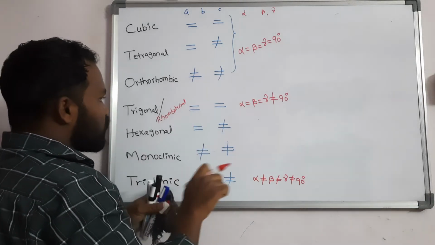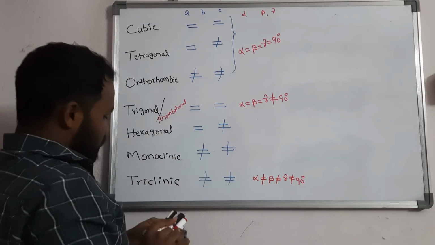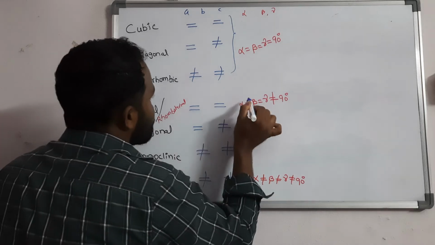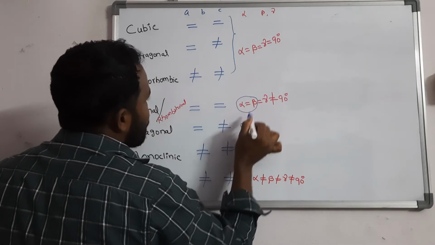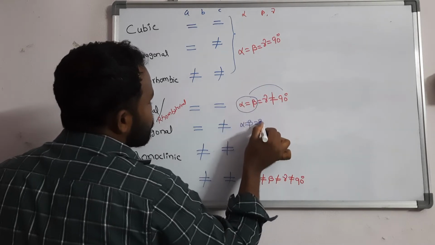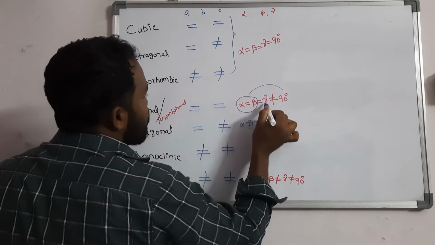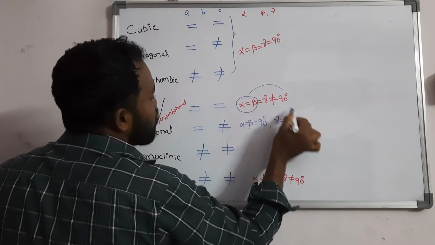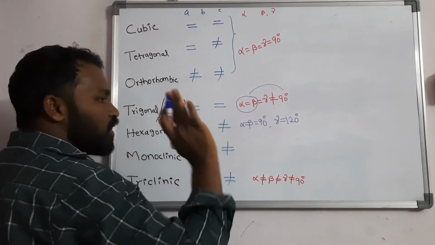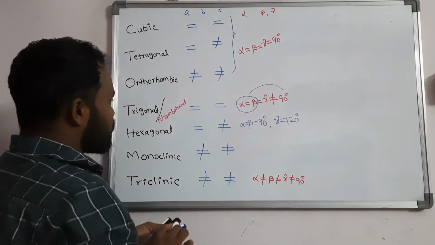So the next two, how will you remember? Write these two terms, right? Alpha, beta, this is equal to 90, comma, gamma is 120. Gamma is not equal to 90 means automatically the value is 120. Like this you should remember for this.